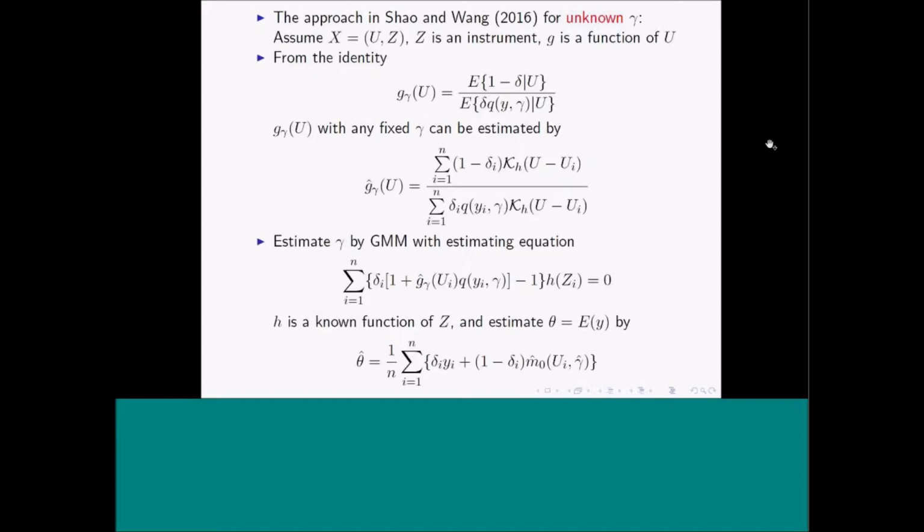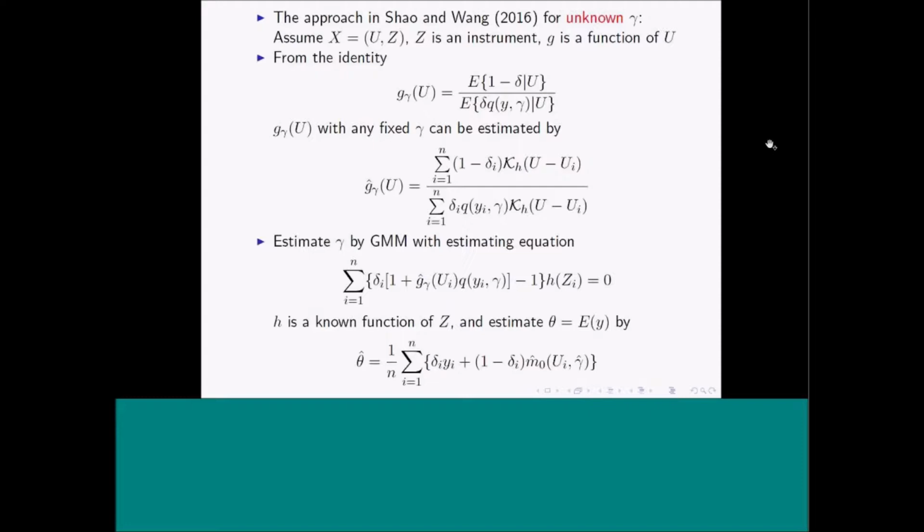We actually go on to estimate gamma by using estimating equations or the method of generalized moments. So here, after we estimate the gamma, we put a gamma hat there, and then the last line, theta hat, is the one we get after we have the gamma hat.